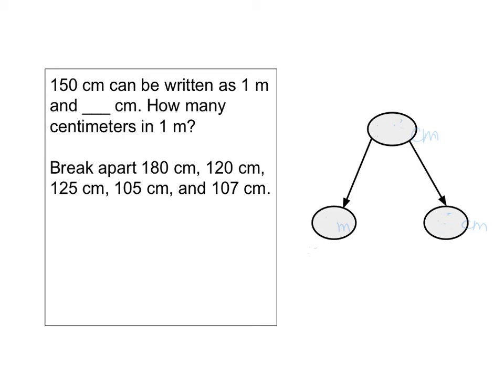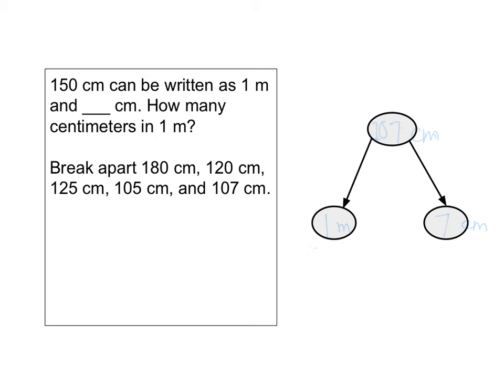You have to just be careful and be mindful as you're looking at them. All right, this last one, let's look at 107 centimeters, which is very similar. So 100 of those centimeters can become 1 meter, and we're left with 7 centimeters.